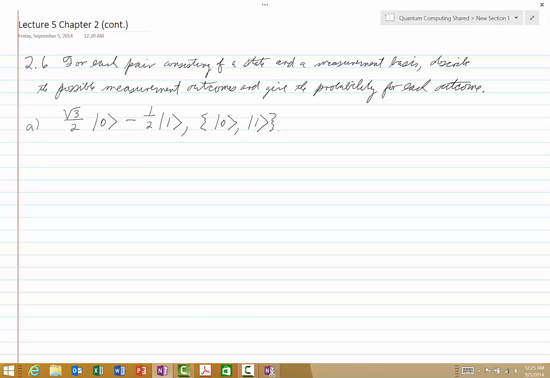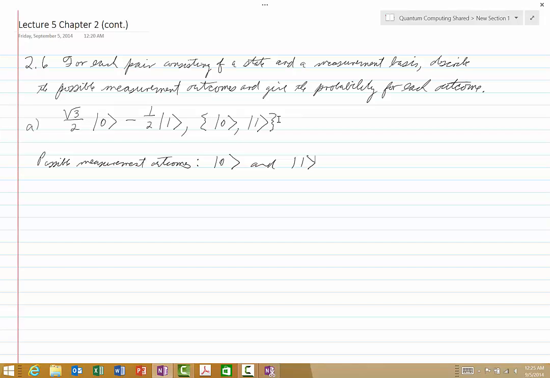So this is actually a very easy problem. The possible measurement outcomes are simply the states in the measurement basis. So in other words, 0 and 1. Those are the possible outcomes that we can have when we perform this measurement with this measurement basis.